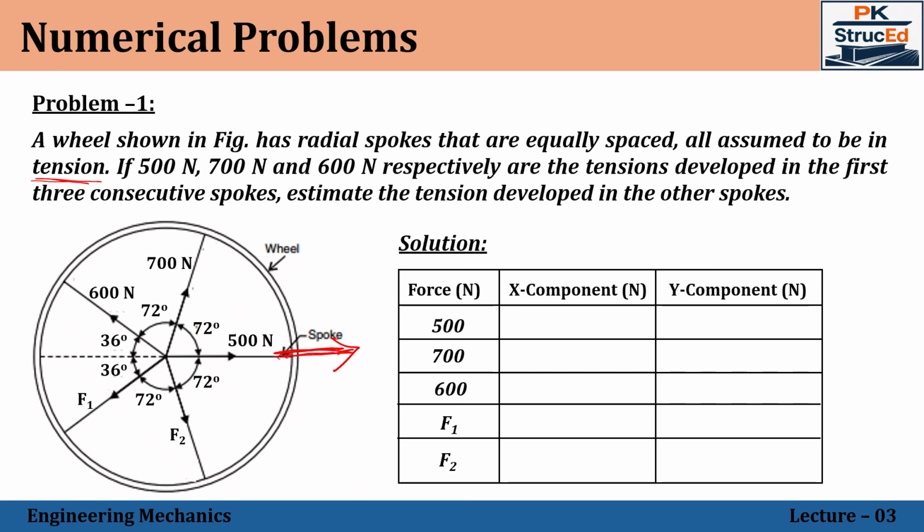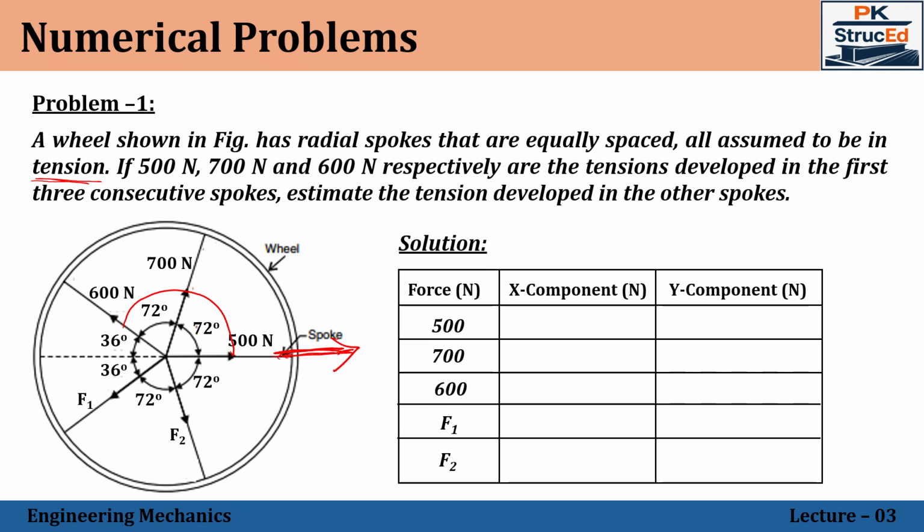Coming with the 600 Newton force, the angle of this 600 Newton with respect to the benchmark will be 72 plus 72, which comes as 144 degrees. If it is the previous case, we would have taken that 600 Newton with an inclination of 36 with respect to the x-axis.